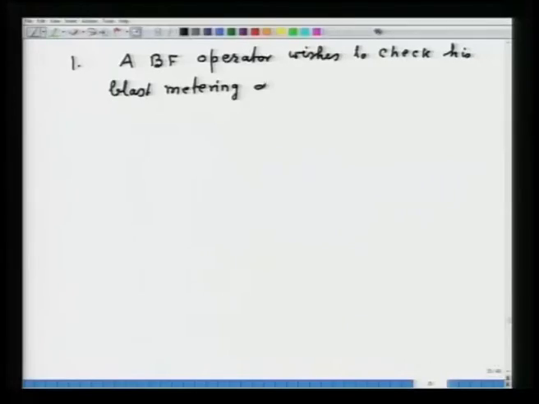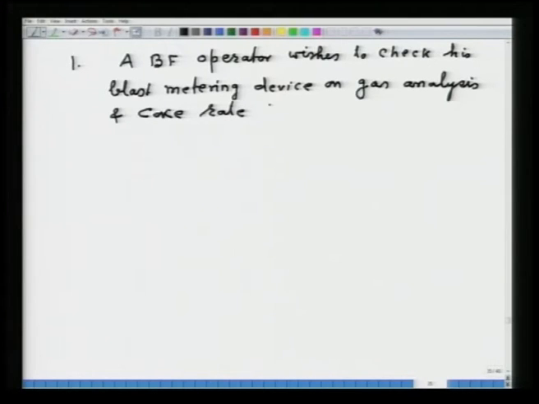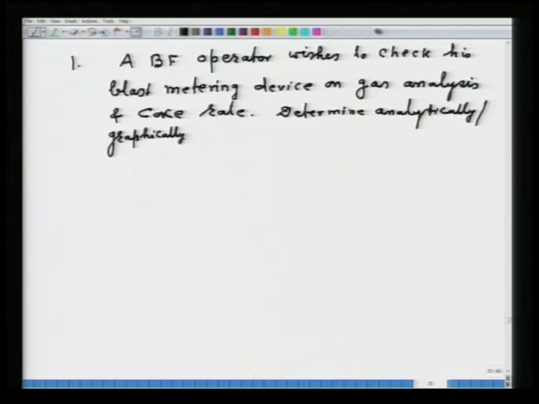So, check the blast measuring device on the basis of gas analysis, because this value is known to him, and coke rate. He knows both the values. Now, what he wants is to determine analytically or graphically, that means draw a line and determine the NOB value, the Nm cube of dry air.